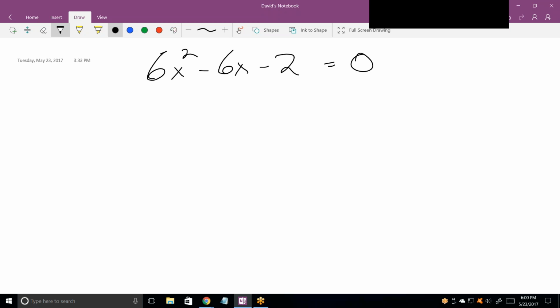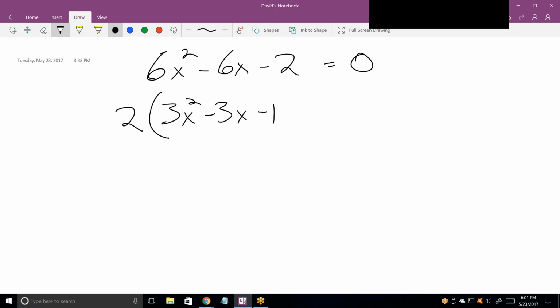First step. Factor. Okay, well, what kind of factor? Factor out the greatest common factor. So what is that? It's 2. So it's 2 times (3x squared minus 3x minus 1) equals 0.